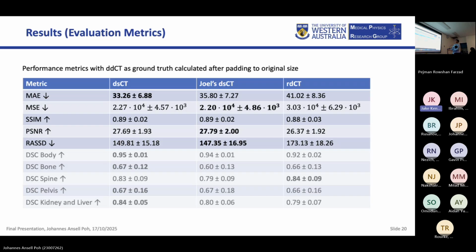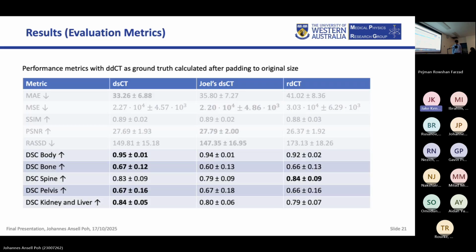Firstly, for the mean absolute error, mean squared error, structural similarity index measure, peak signal to noise ratio, and root sum of squared differences, it looks like Joe's model slightly outperforms my model, but my model still performs better than the input rigid diagnostic CT.